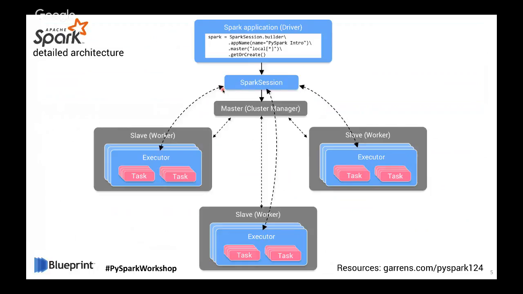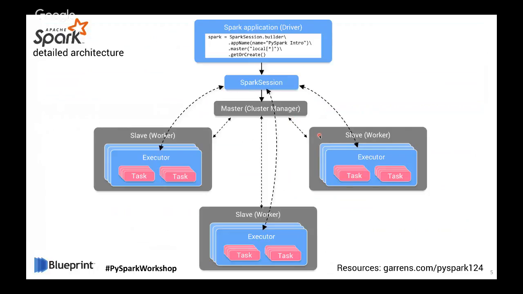Now, the way that you work with that is then you can issue commands. The Spark session sits on the master, and you're going to interact with it from some machine that you're on. When you tell Spark to do something, the master is going to ping out and work with these slaves.